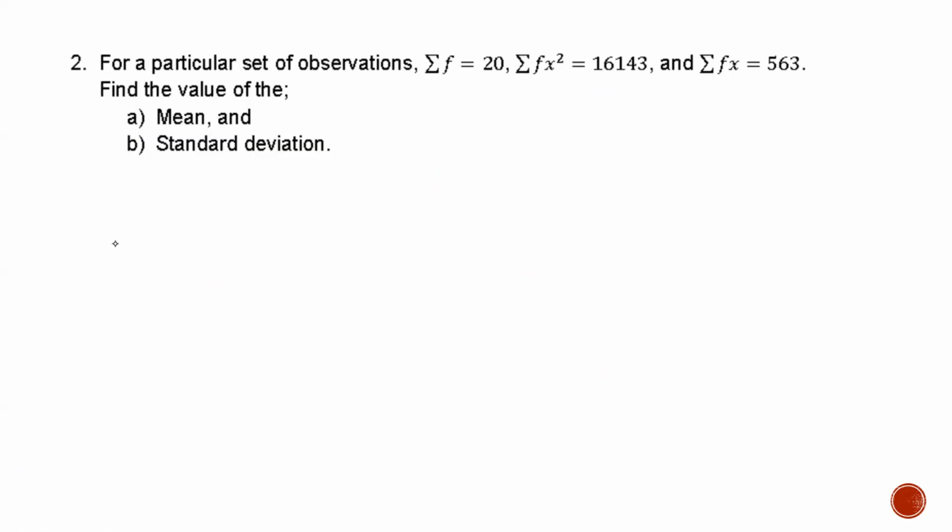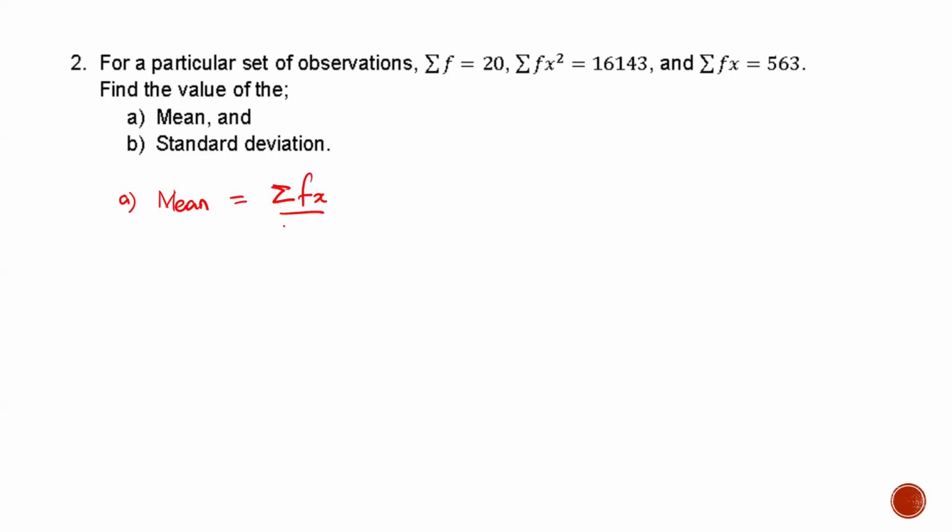So this is a simple statistics question for a particular set of observations. We've been given the total frequency. We've also been given the summation of x squared, and we've also been given summation of fx. Now, you should know that the mean, these are formulas that I know you know.